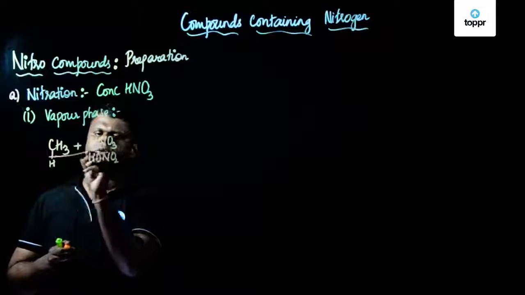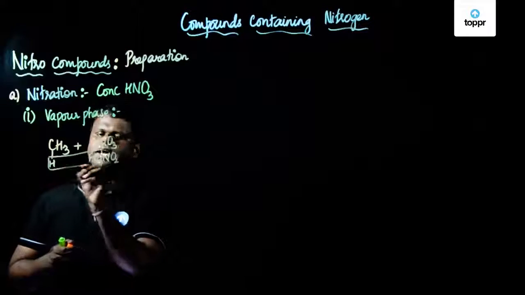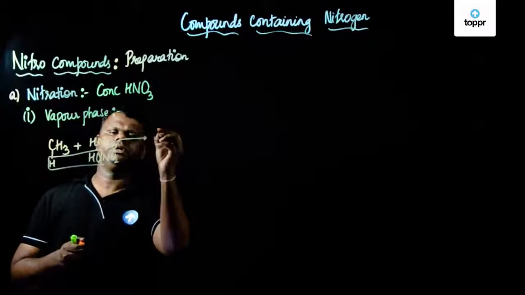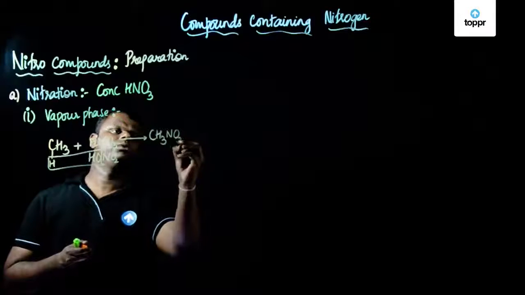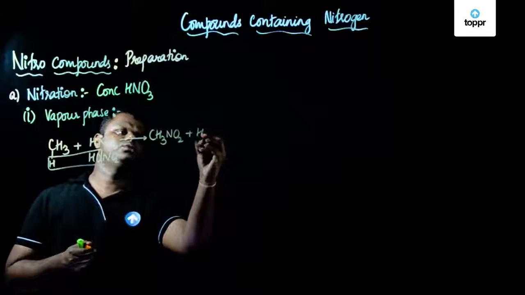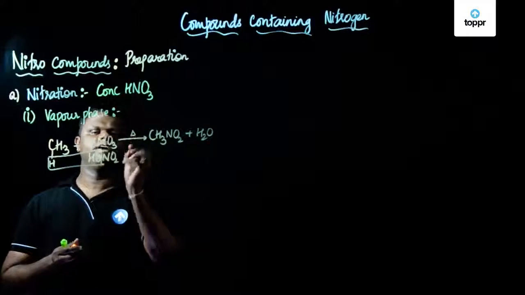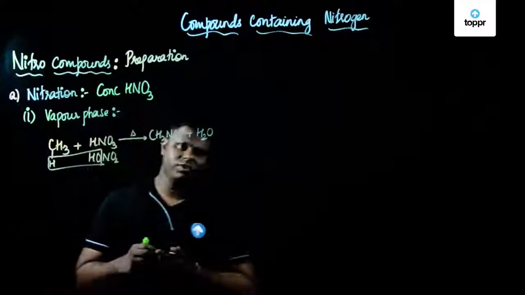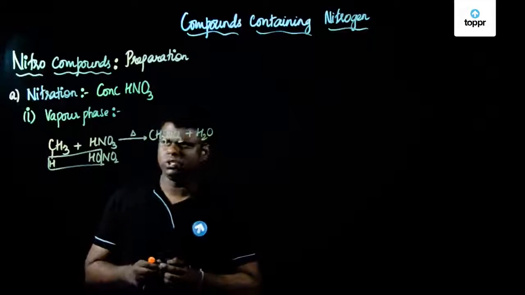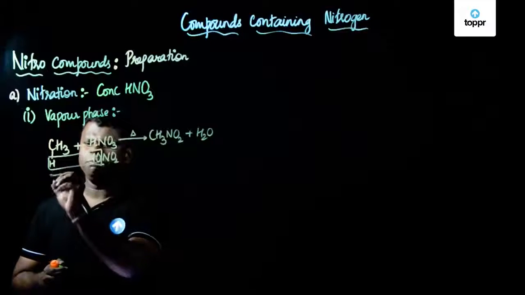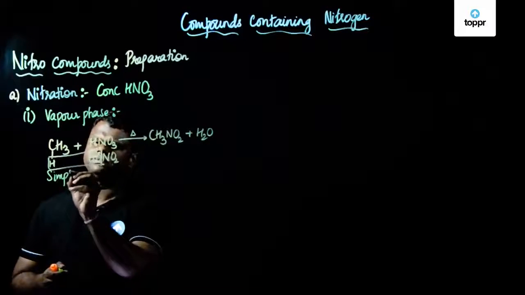Now H and OH go in the form of water, as a result of which you get CH3NO2 and H2O. This is at very high temperature. Many times we would need a catalyst, because otherwise the reaction itself is very slow. Now this was for simple alkanes.